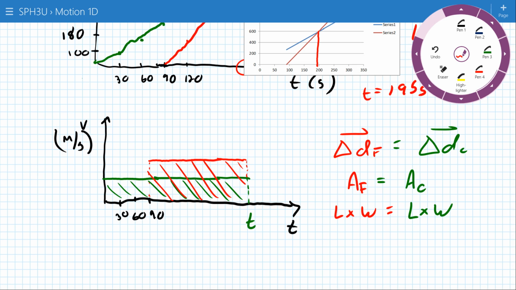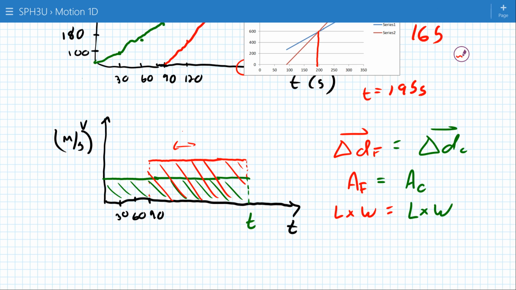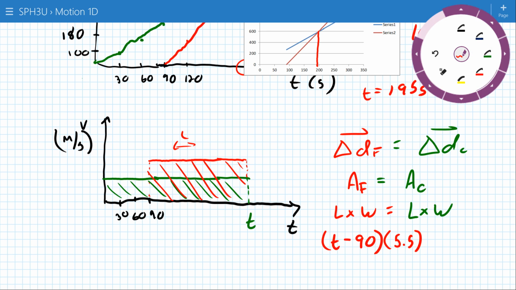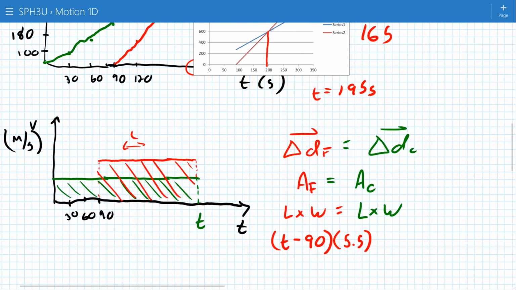For the father, he's running until sometime t, but he didn't start until 90 seconds. We have to subtract away that 90. He's traveling at a speed of 5.5 meters per second. For the child, he gets to travel that whole time t, but only at a speed of 3.0 meters per second.